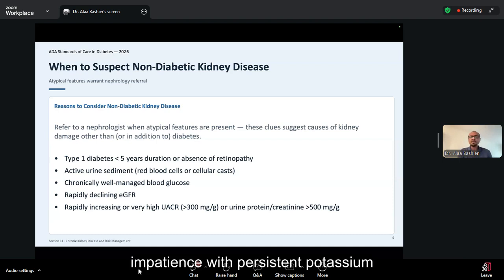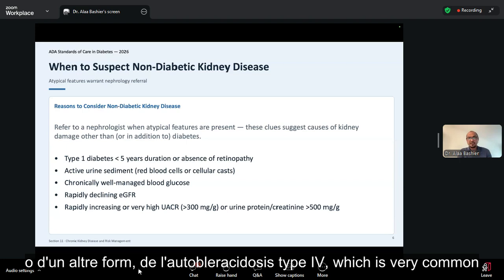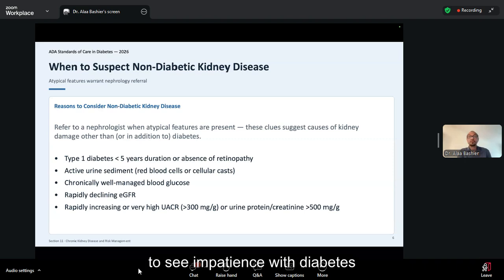In patients with persistent potassium abnormalities that might be associated with nephropathy, if you see a persistently hyperkalemic patient, they need to be seen by the nephrologist to decide whether they have diabetic kidney disease, whether they have any other form of, let's say, renal tubular acidosis type 4, which is very common to see in patients with diabetes.